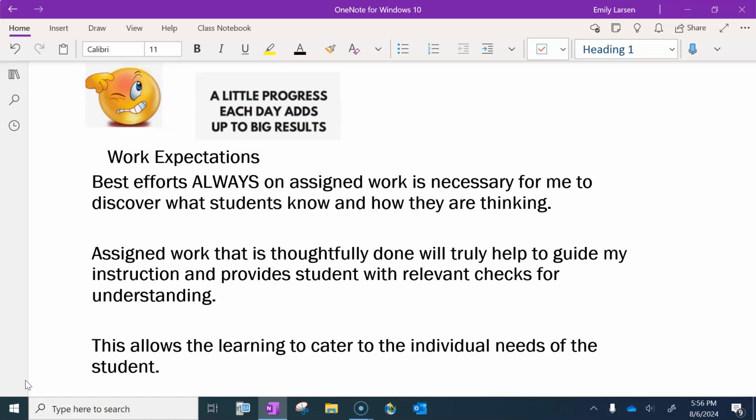This allows the learning to cater to the individual needs of students. So I want honest feedback from students by responding thoughtfully and carefully to these assignments and always putting the best efforts every day.